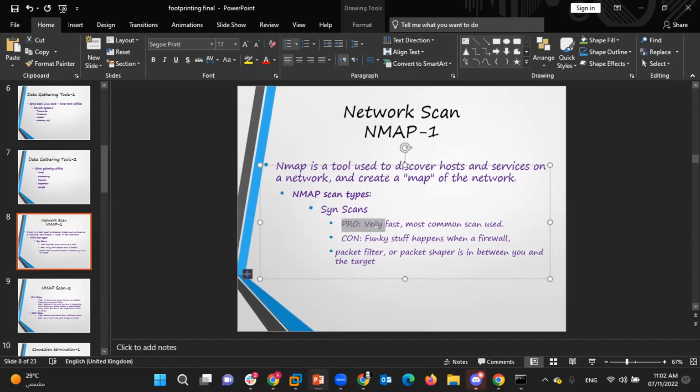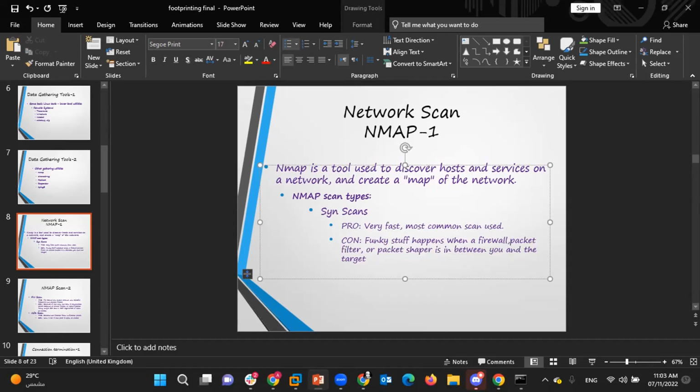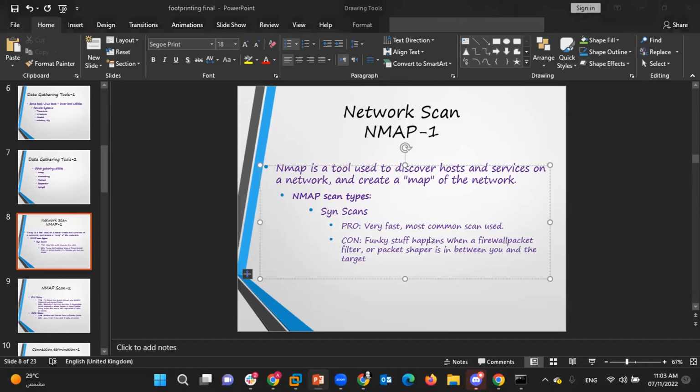So the advantage, or the pros, of scanning with SYN packets is that it is very fast and the most common scan used by Nmap. So this is the advantage. Disadvantage, it's flaky and stuff happens when there is a firewall, packet filter or packet shaper in between you and the target. What does it mean?